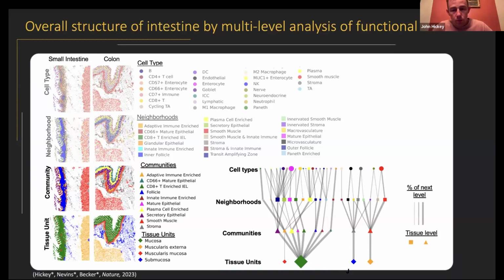I won't go into too many details, but one example was one community called an adaptive immune-rich community. We saw this was the intersection of multiple immune cell neighborhoods and epithelial cell neighborhoods.